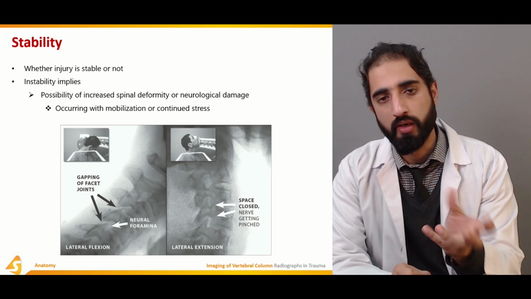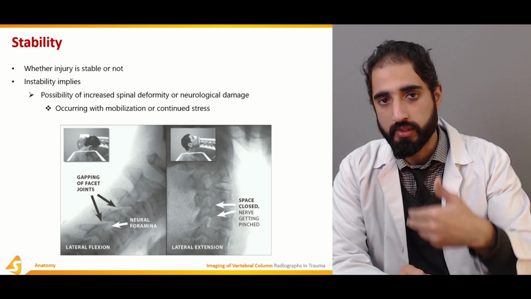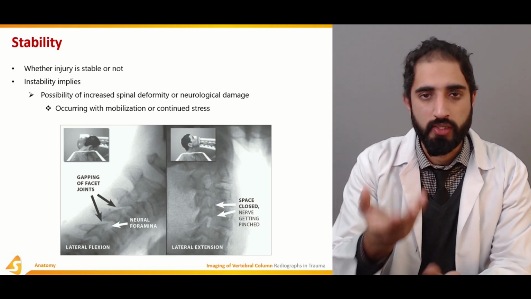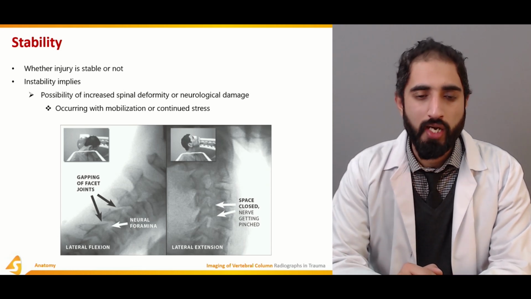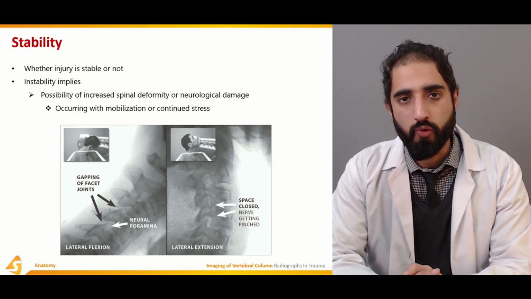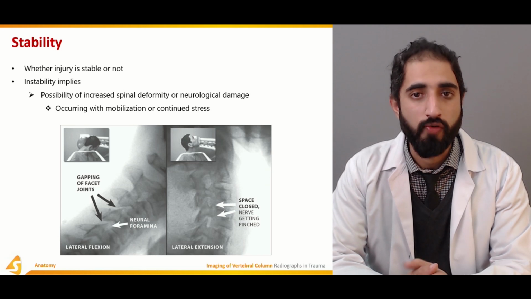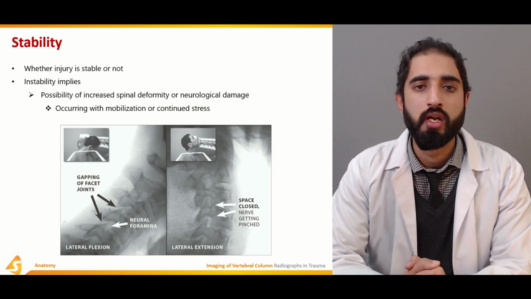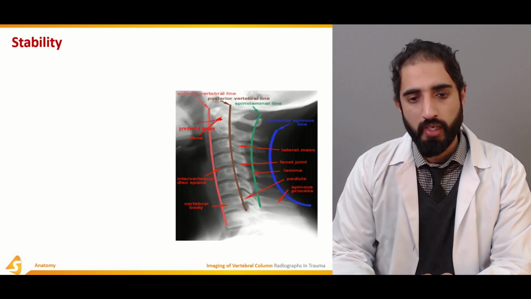That may be visible in one or two segments because of those unstable segments, and the other segments may be normal. That is something we should look for, and this information can be acquired via the functional views, as we already discussed in a previous part of the lecture.